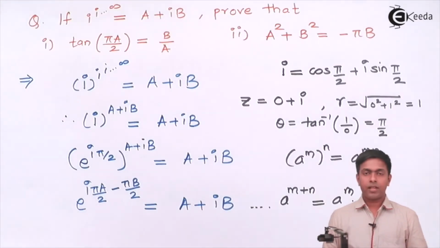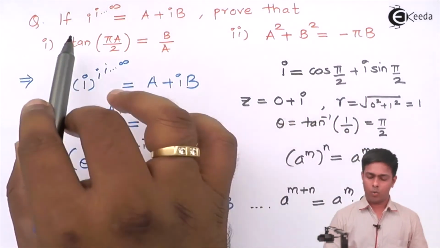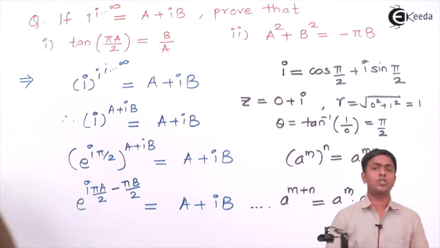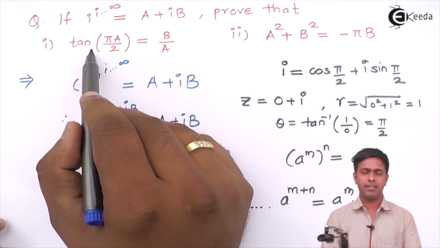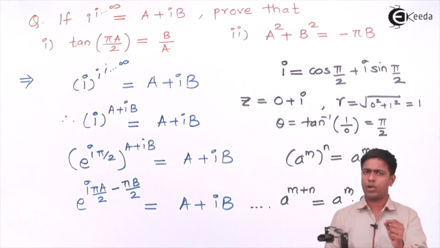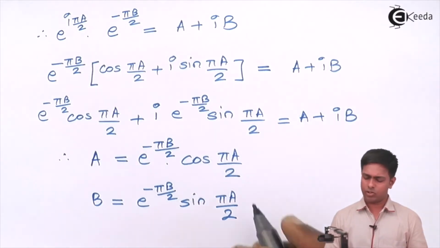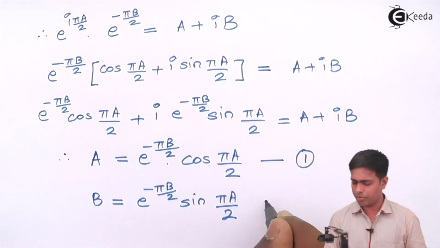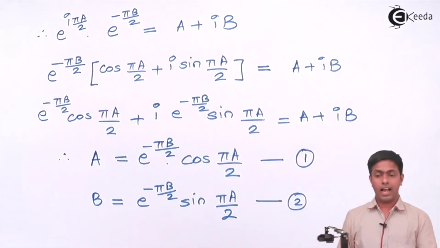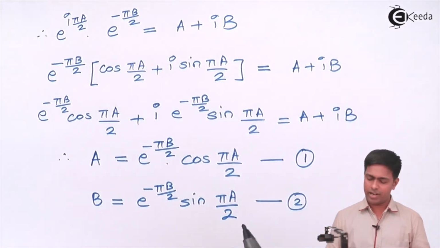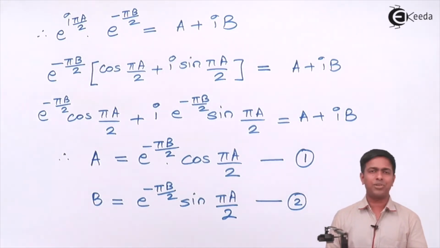So now the two parts are given, 1 and 2. To prove the first part, I want tan. So guys, tan is sine by cos, and if you see here, I got sine and cos as well. So let's call them equation number 1 and 2 because we are doing mathematics. To get that tan, I will divide equation number 2 by equation number 1.